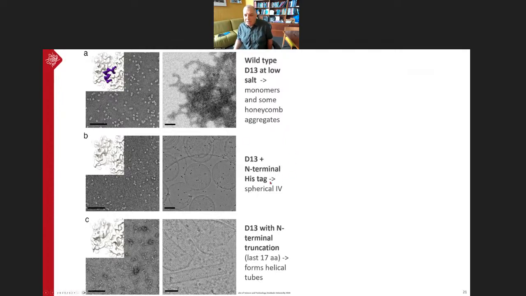But then when J introduced by mutagenesis a his tag on a longer spacer, apparently the introduction of charge into this hydrophobic pocket displaced that charged his-tagged N-terminal helix and initiated the assembly into what looks exactly like the known D13 immature virions.